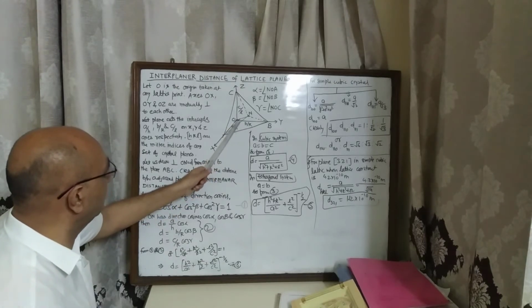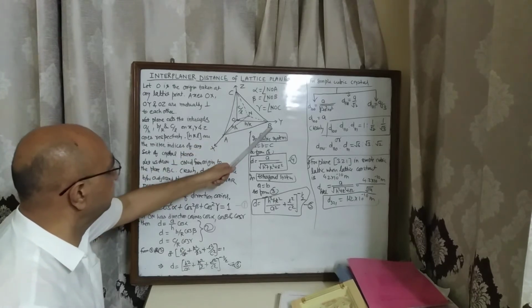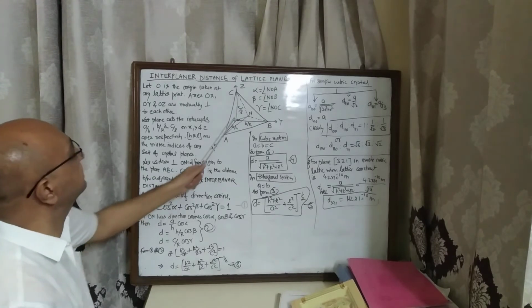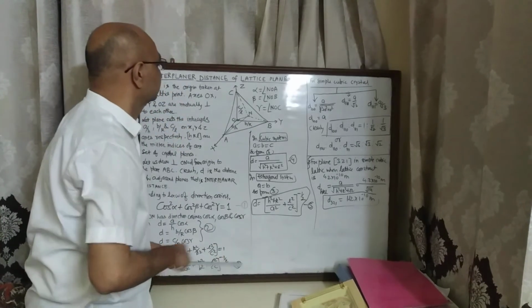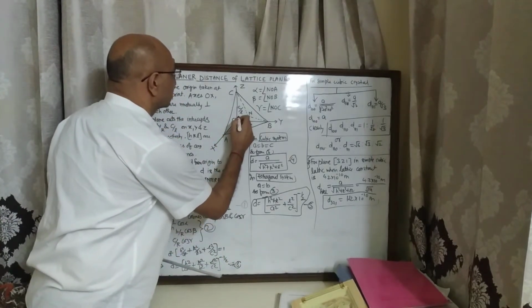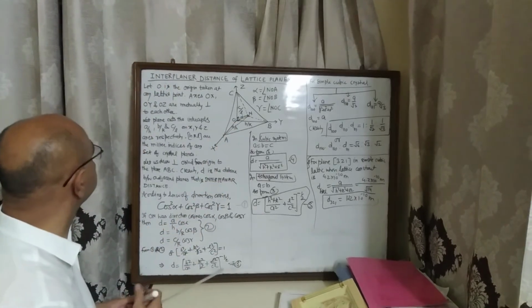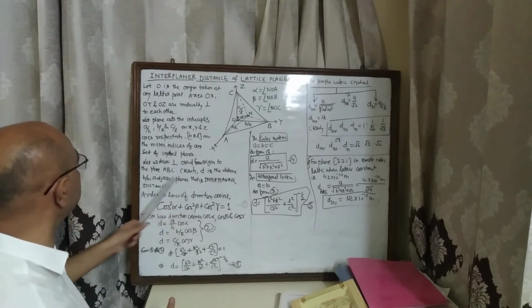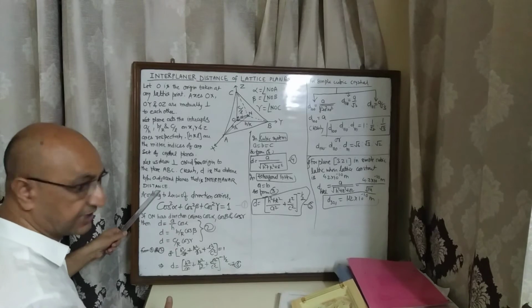This distance ON is small d. Clearly d is the distance between adjacent planes, that is the interplanar distance.